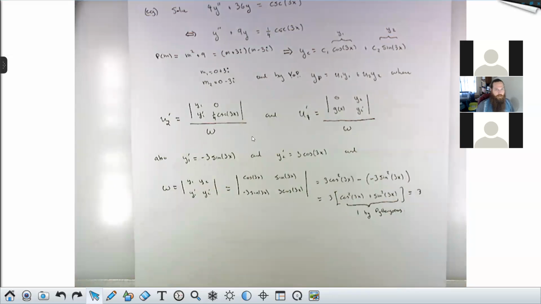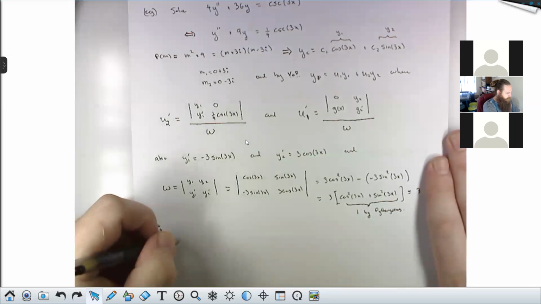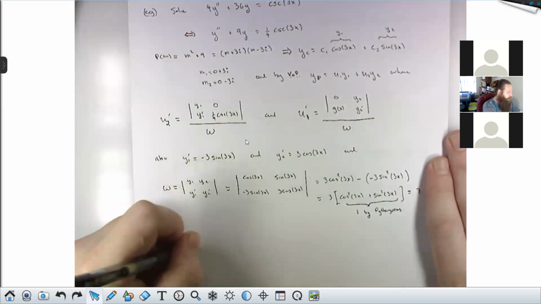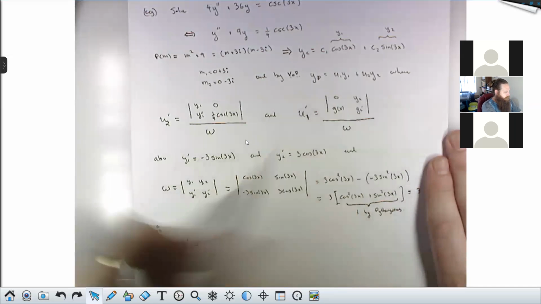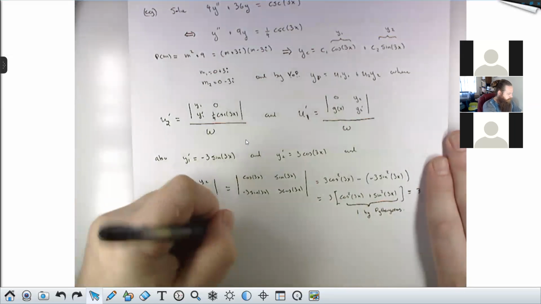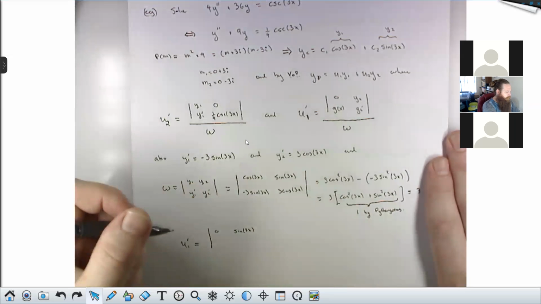Alrighty, let's plug into our formulas for u2 and u1, divide by our Wronskian, and see if we can do the integrals. Therefore, let's do u1 prime first. That's this guy. That's plug in here 0. Determinant 0, sine 3x, it's my first row.